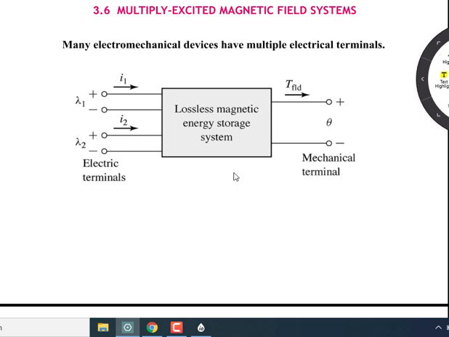Here in this case, if we consider a rotary system having torque T_field and the position theta, then we can write the fluxes for the differential energy dW_field.